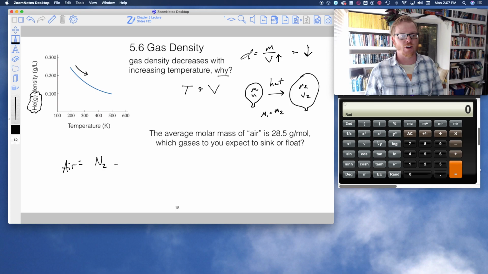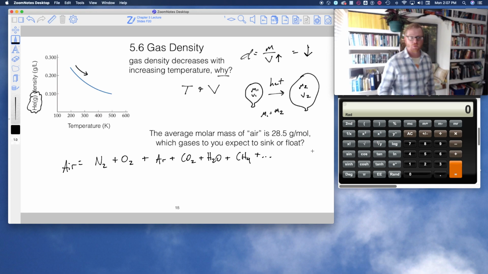Air is a mixture of nitrogen and oxygen predominantly, okay? But also there is a little bit of argon, there's a little bit of carbon dioxide, there's some water, there's some methane, there's all kinds of stuff in air, okay?